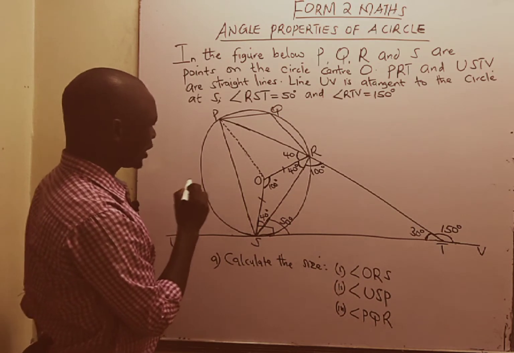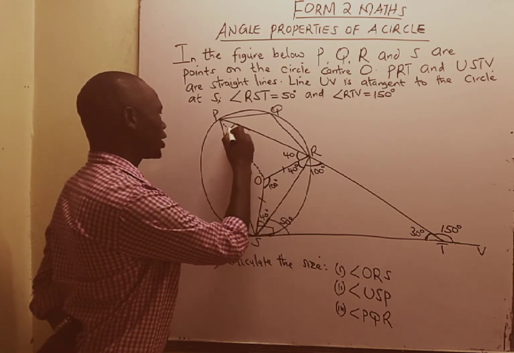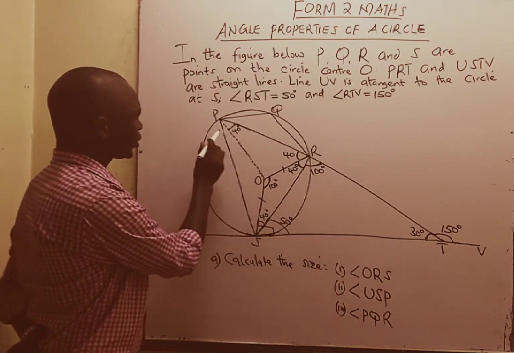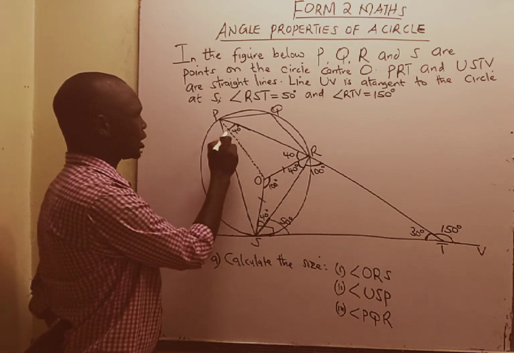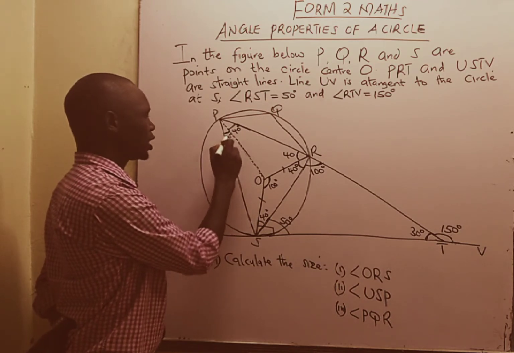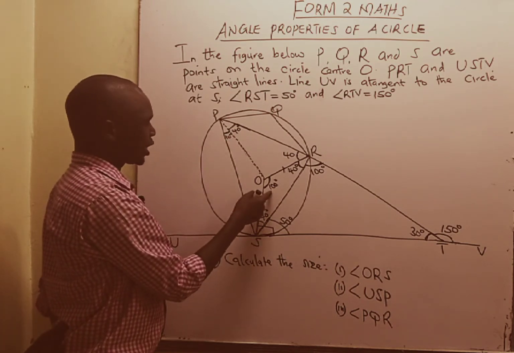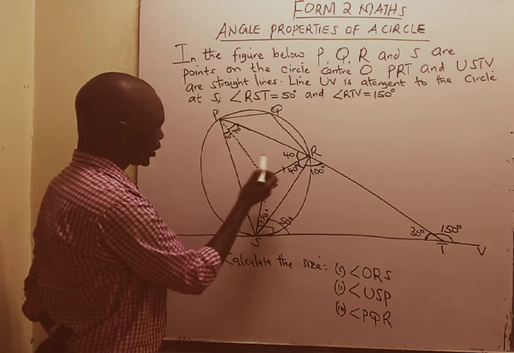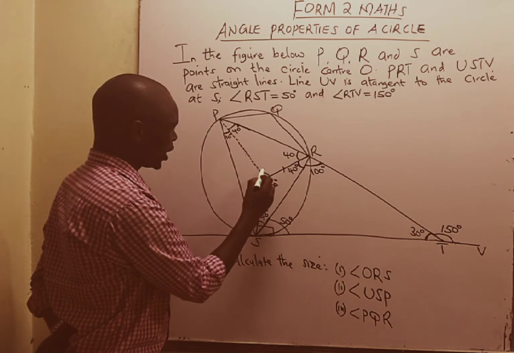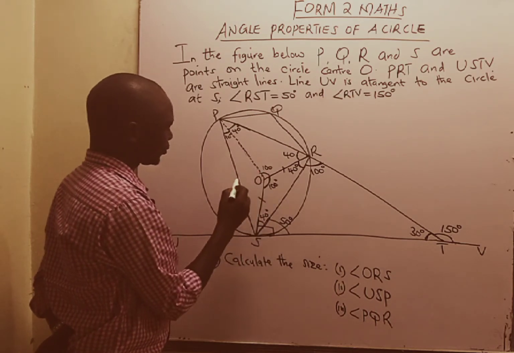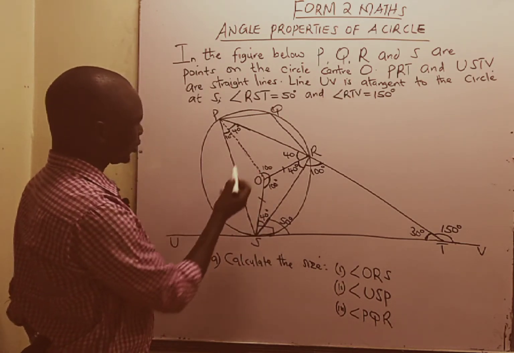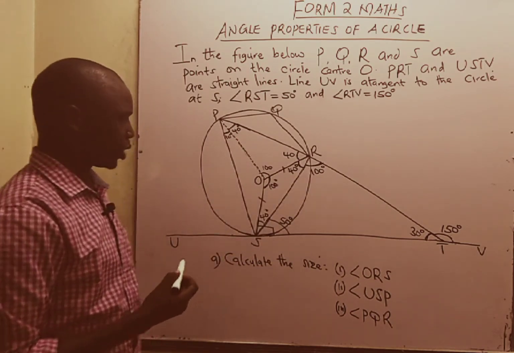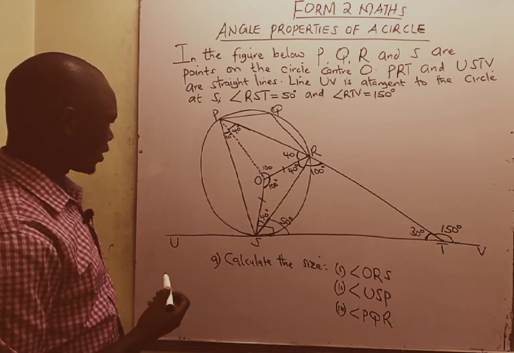So if this is 40, the angle here is 40 degrees. We know the total angle at P is 50, meaning the angle remaining here will be 10 degrees. So if this is 40 and this is 40, the angle here is going to be 100, because the angles of a triangle add up to 180 degrees.